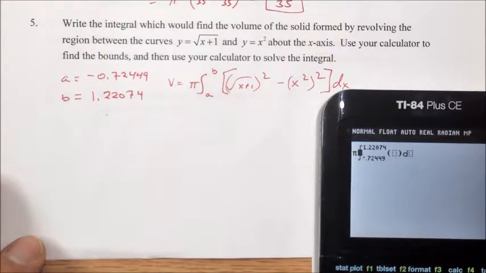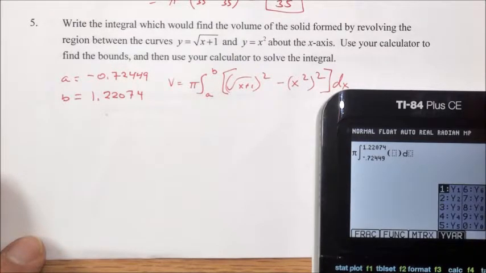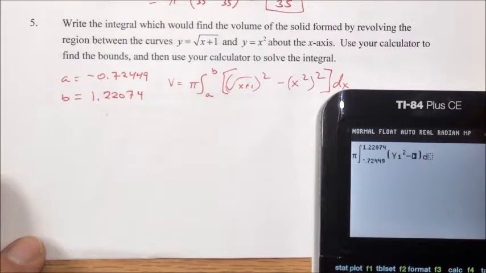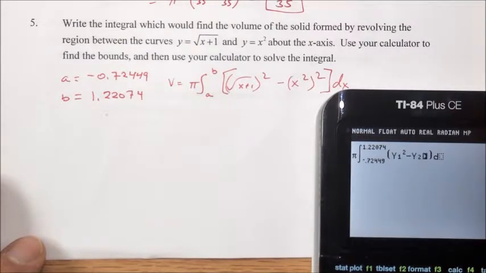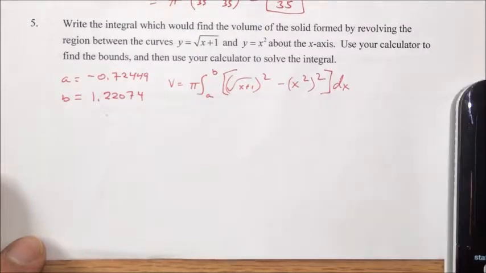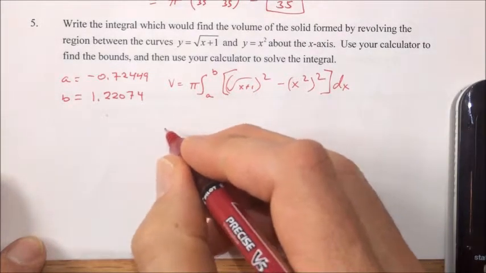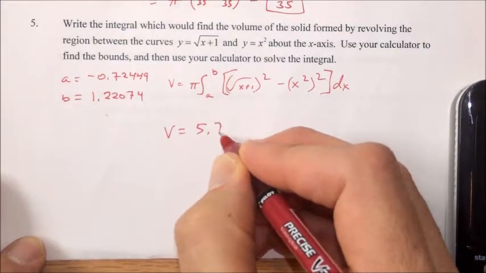So back here, I'm going to have alpha trace y1 squared first minus, and now alpha trace y2 squared second dx. Let the machine do all the work. We see 5.7987. So there's our answer, 5.798.